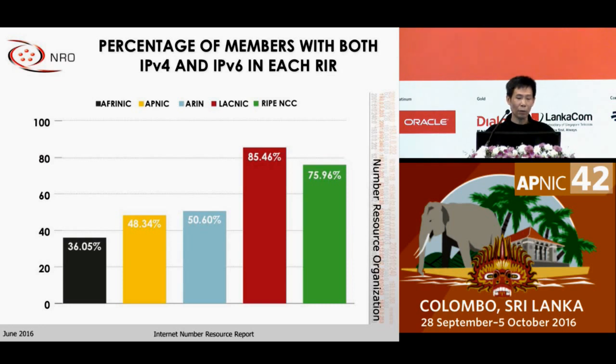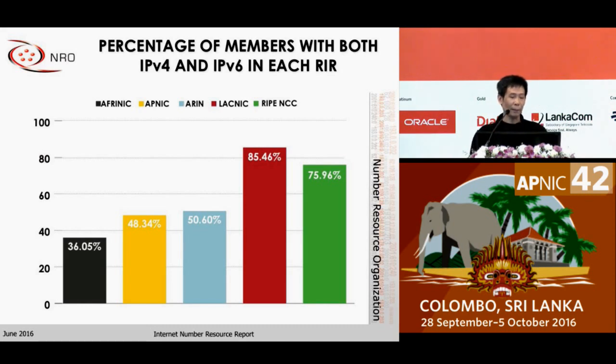ARIN region also has over 50% of their members who received IPv6 addresses. However, in the APNIC region, we still have under 50% of members who acquired IPv6 addresses.